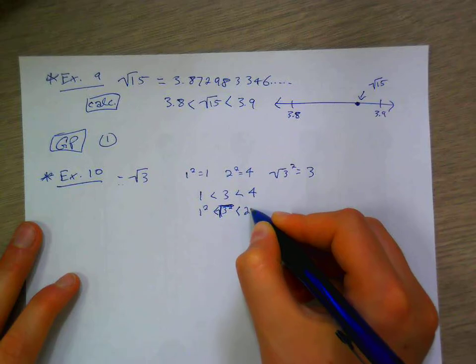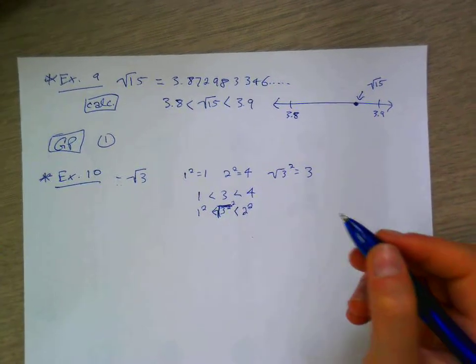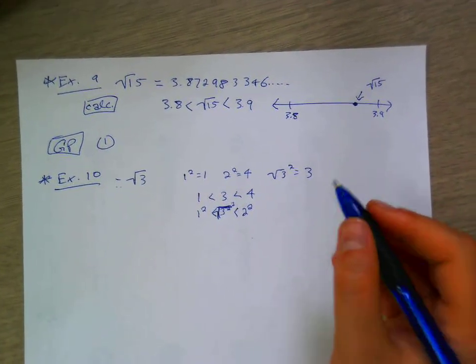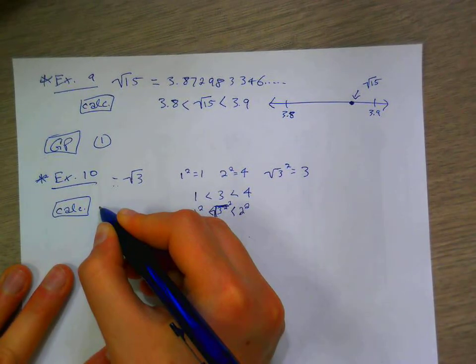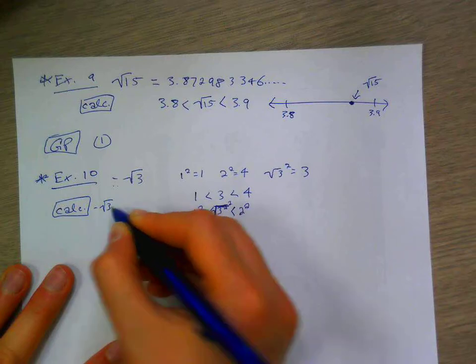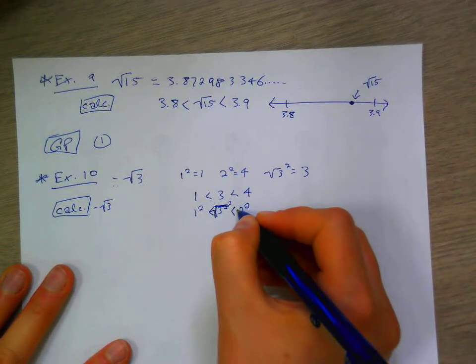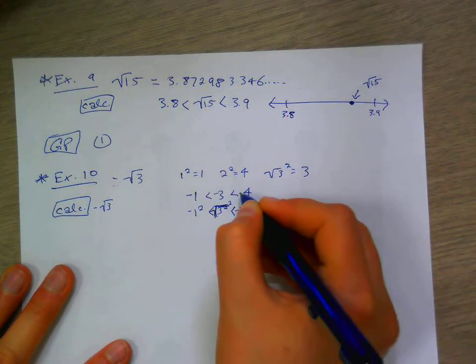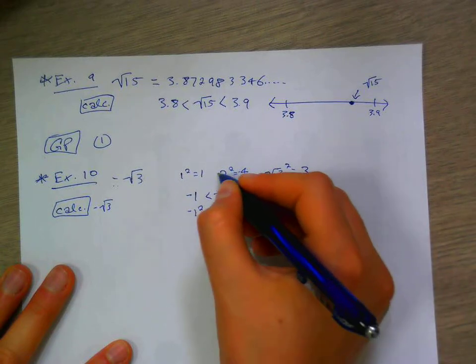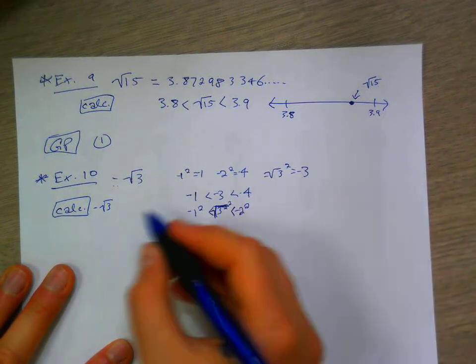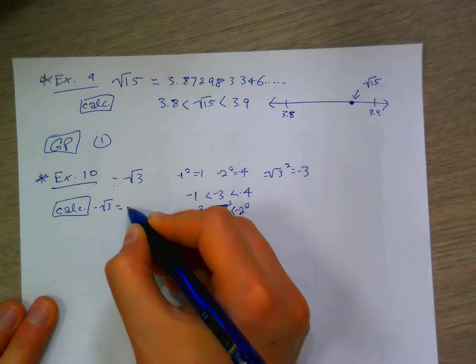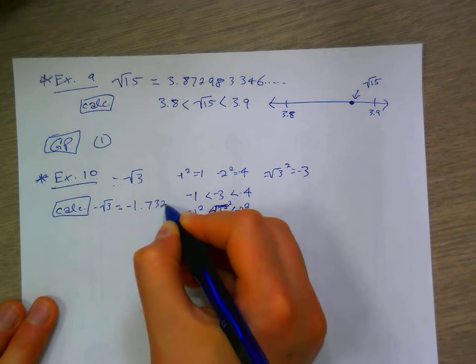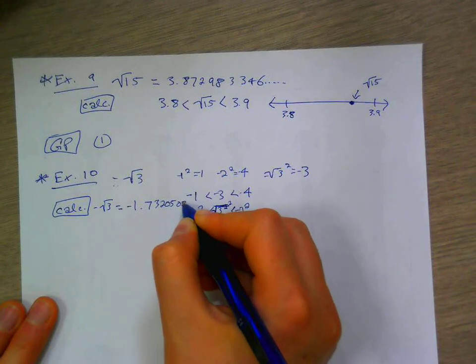A little bit confusing sometimes, but let's put that in the calculator to find the negative square root of 3. And these are all negative numbers, by the way. Forgot to put that in. Equals negative 1.732058.